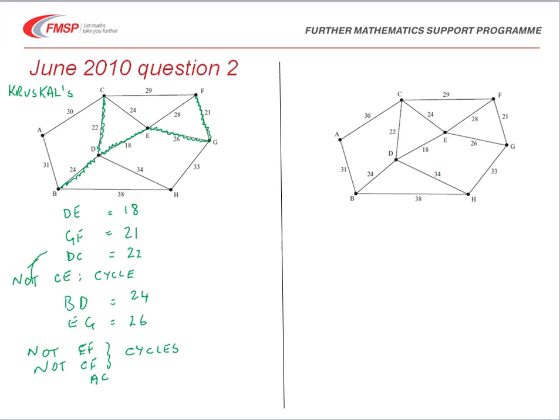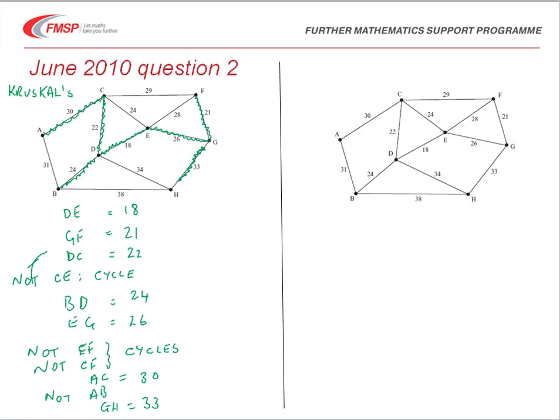AC is the next smallest one, weight 30. AB is the next one, but again that produces a cycle, so not AB. And finally GH, which produces a weight of 33, is added in to complete the tree. Now how do we know the tree is completed?